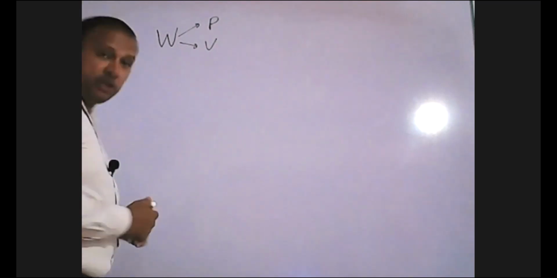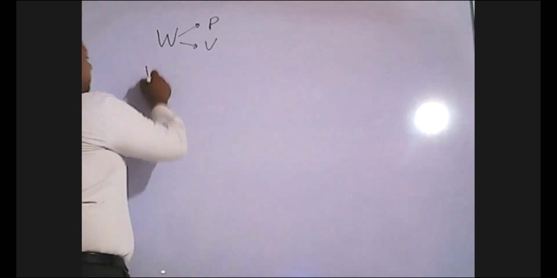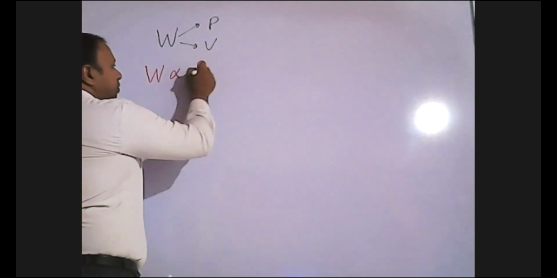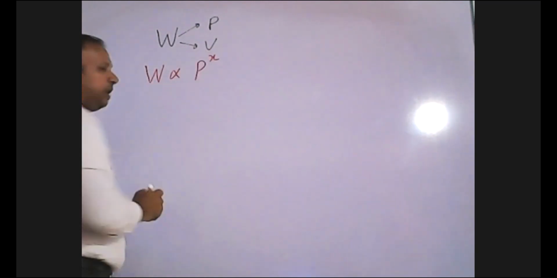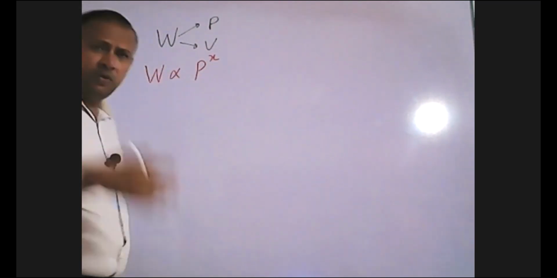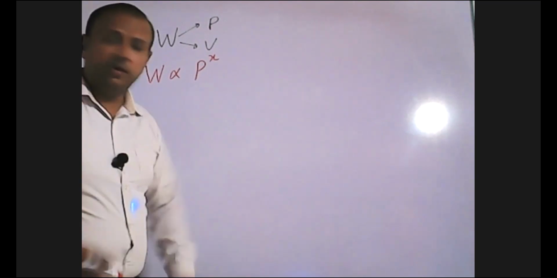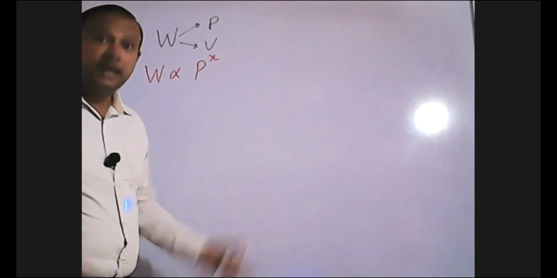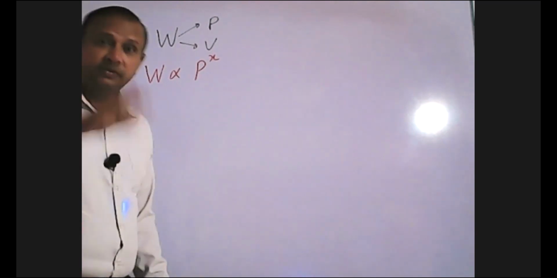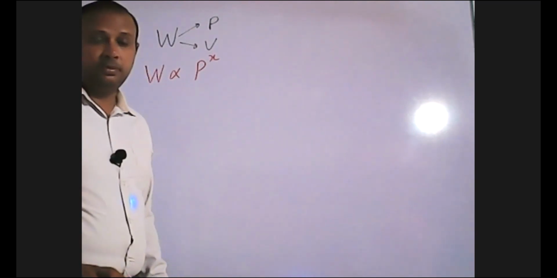The assumption is that the work done, W, is directly proportional to some power of P. I don't know whether it is 1 or 2 or half or minus 1. I can determine that after. But the first thing is the assumption.